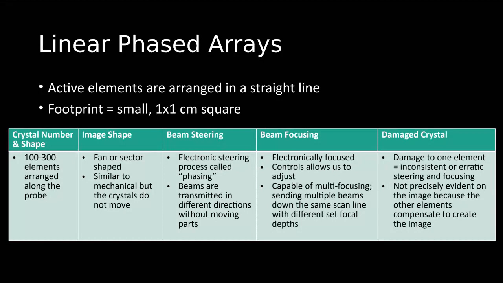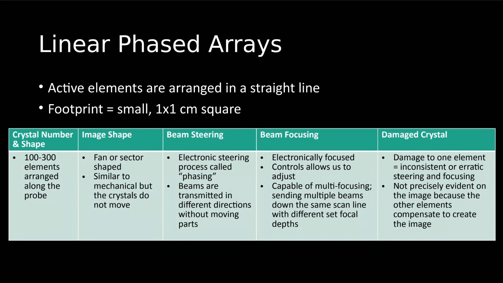So now we're really pushing the limits of what we can do for that sound beam, those sound pulses. So we're saying to the system, you have pathway A, B, C, D, and E all heading in at different angles, but on pathway B, I'm going to send in 2 pulses at the same time with different focal zone positions. And that's how we get multi-focusing. And we'll talk about that a little bit more as well.